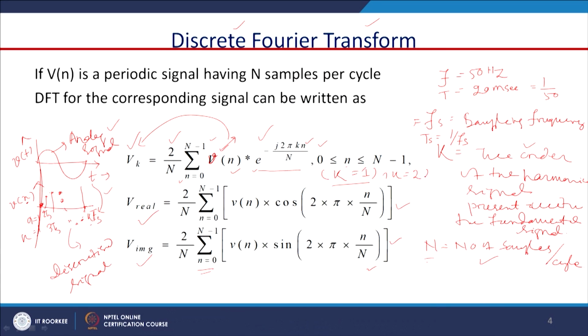When k is equal to 2, it will provide us the phasor value of the second harmonic component of the signal. If k is equal to 3, it will provide the phasor value of the third harmonic component of the signal, and so on. We can vary this k according to our requirement, but for this case we are considering the fundamental component of the signal.